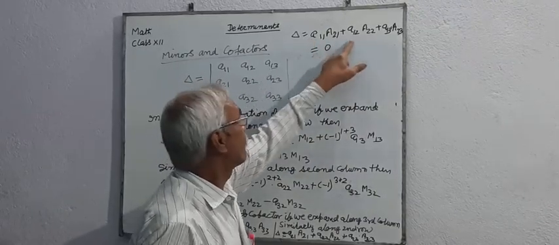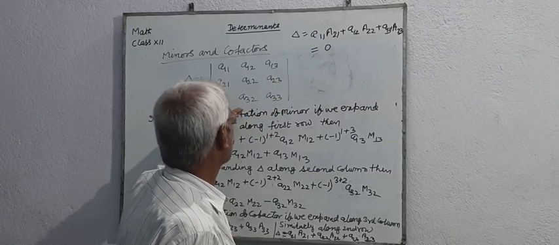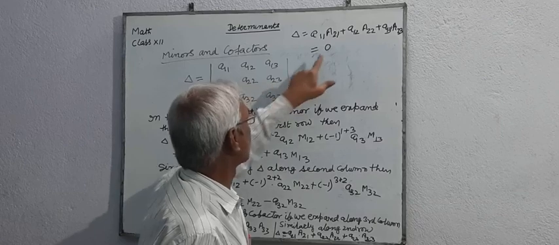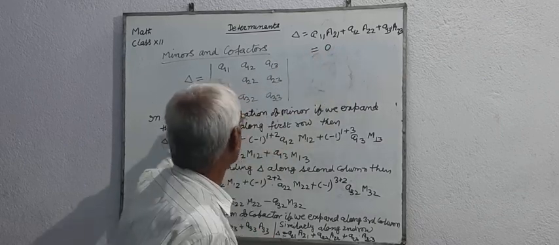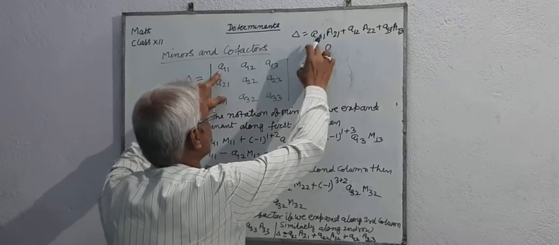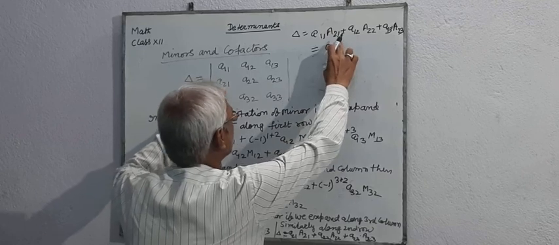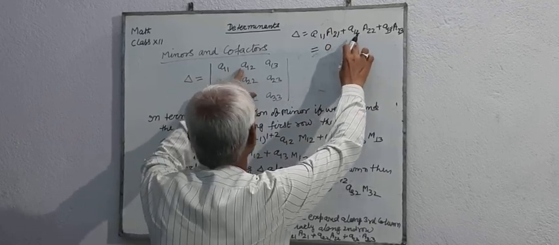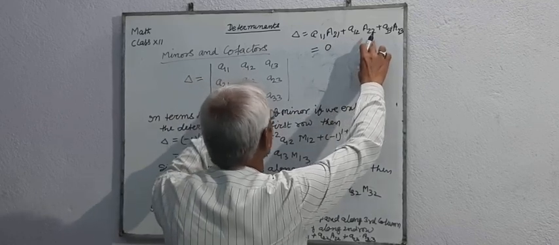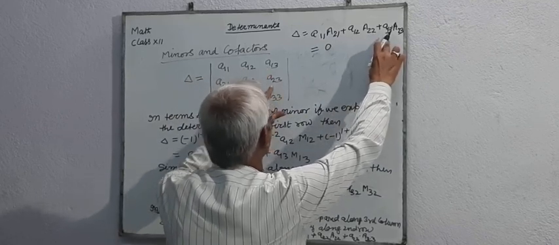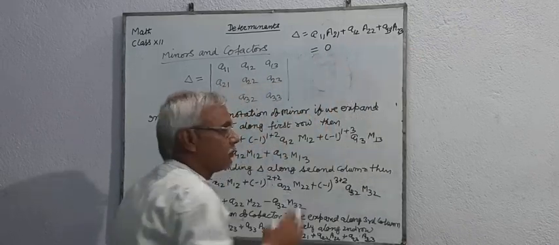The element in the first row and first column is a11, with the cofactor of the second row and first column A21, plus the element in the first row and second column with the cofactor of the second row and second column, plus the element in the first row and third column with the cofactor of the second row and third column. The value of the determinant is 0.